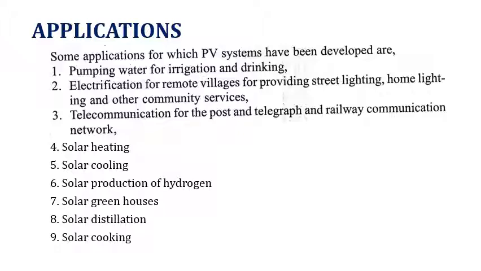Once you install it, no proper monitoring is required. They do not create pollution, they have a long effective life, and they are highly reliable. These are the advantages. With these advantages, we can use solar photovoltaic conversion or PV systems in many applications.